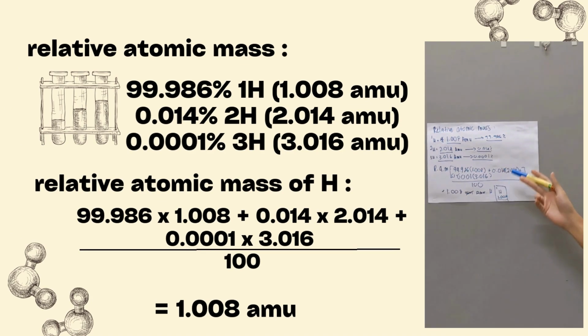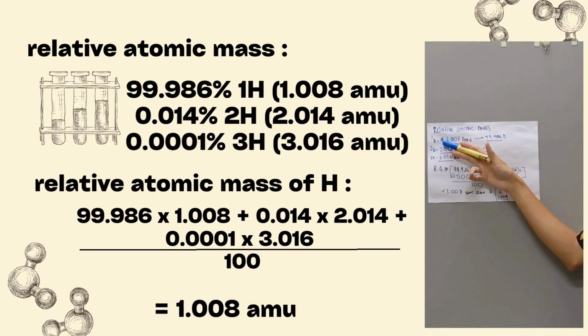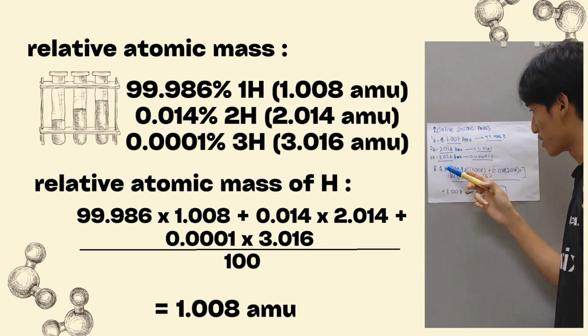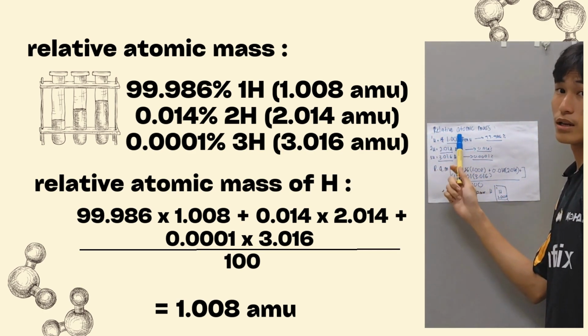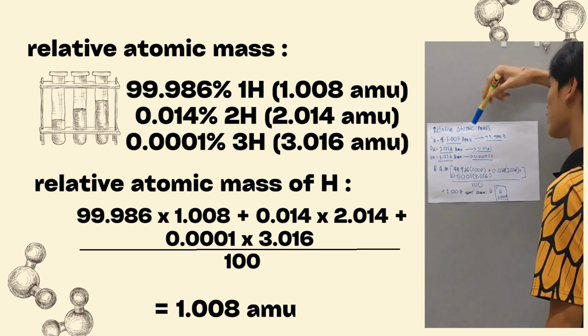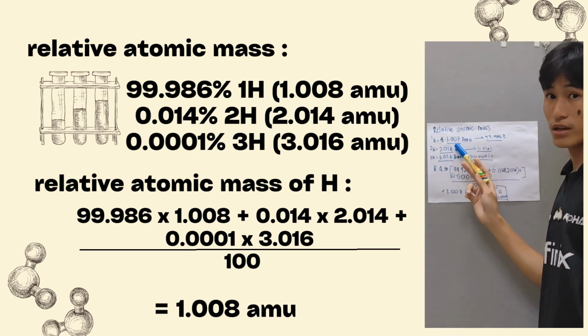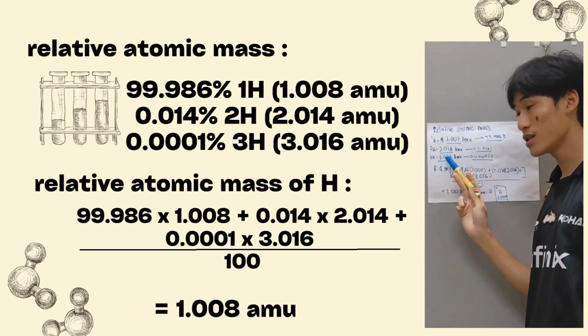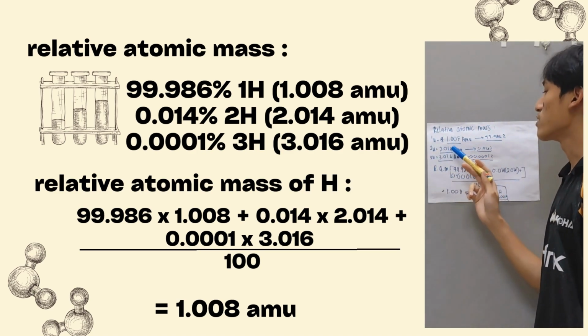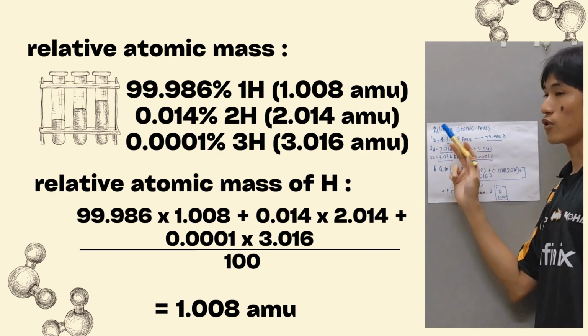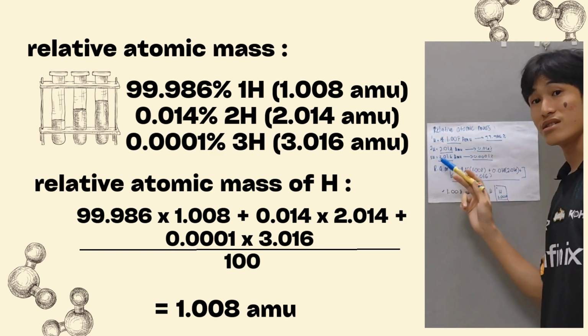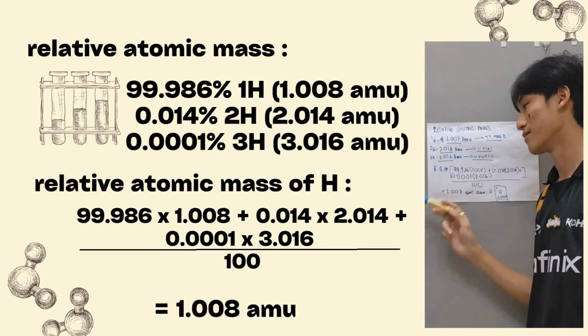For example, to find the relative atomic mass, here we have 1 proton of hydrogen, 2 protons of hydrogen, and 3 protons of hydrogen. The mass we get here is 1.008 for 1 proton of hydrogen, 2.014 atomic mass units for 2 hydrogen, and 3.016 for 3 hydrogen.